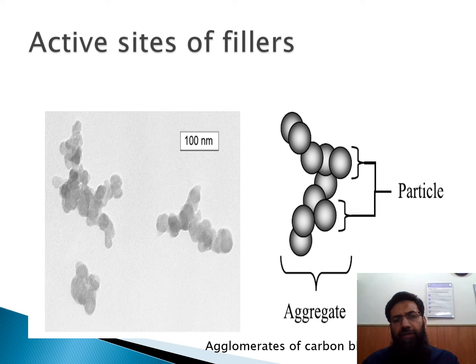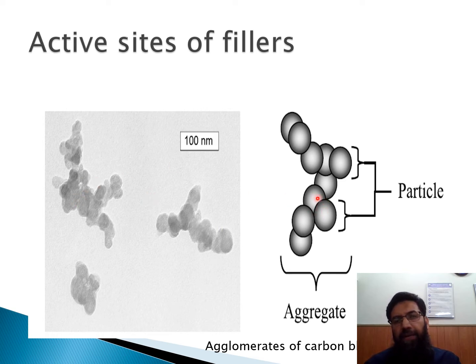Mainly the presence of the aggregates and the agglomerates is due to the presence of the active sites on the surface of the filler particles, just like for carbon black. Here you can see there are different particles of carbon black which are linked with each other to make an aggregate, and different aggregates can link with each other to make an agglomerate.